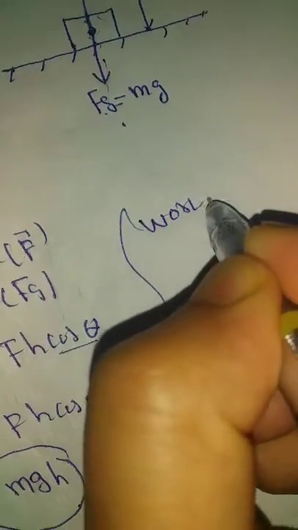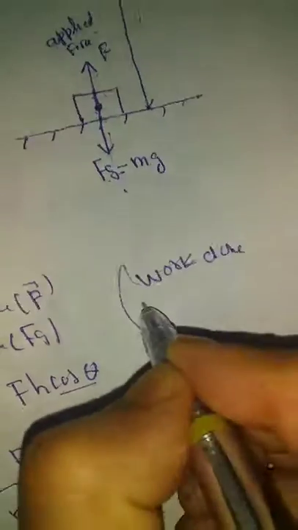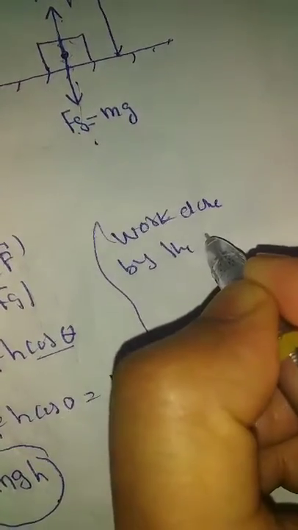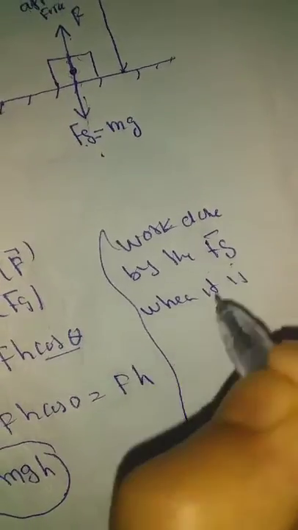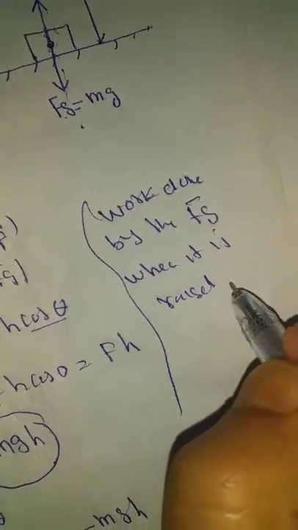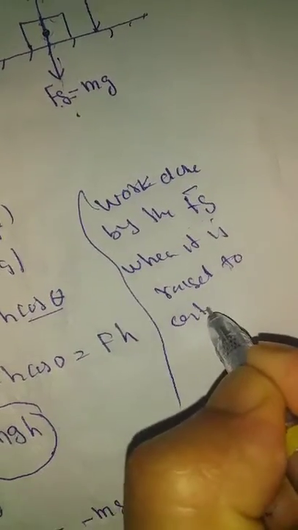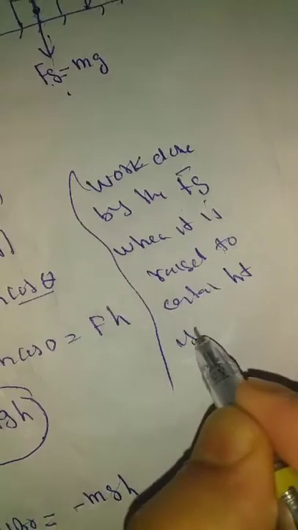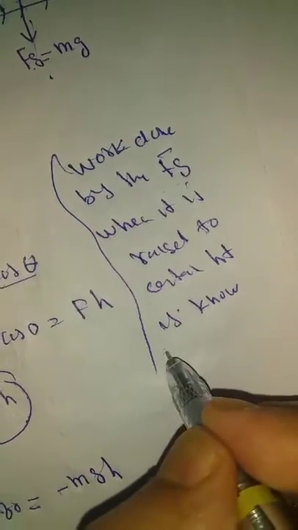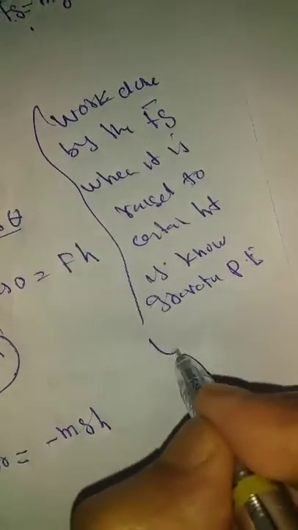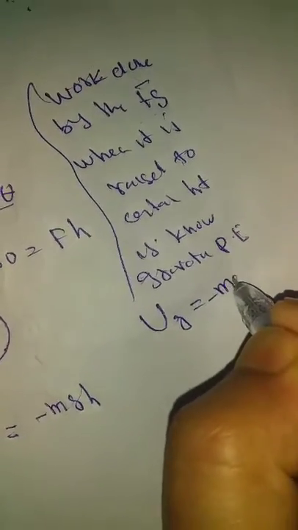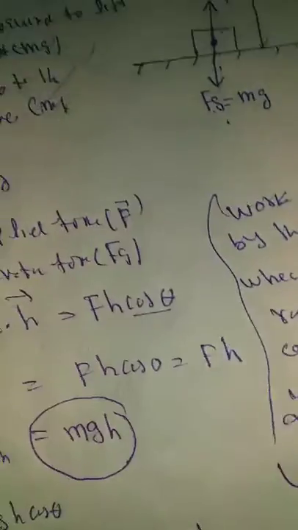We usually write it as Ug, gravitational potential energy. That means it is equal to minus mgh.